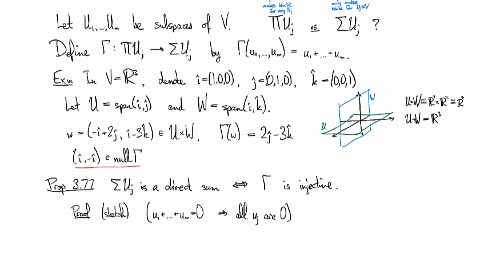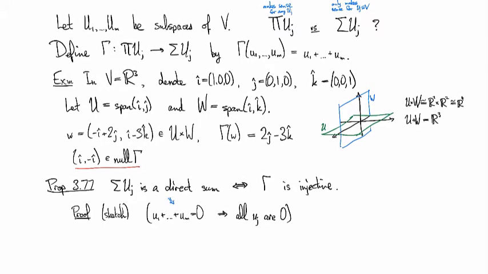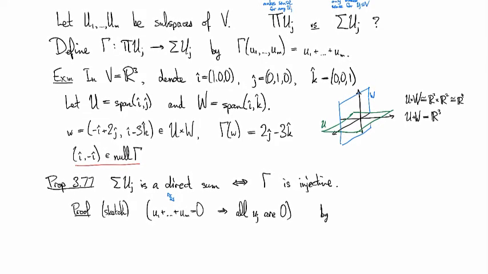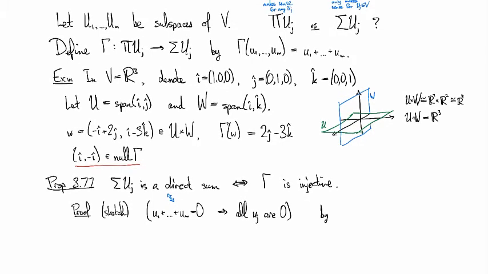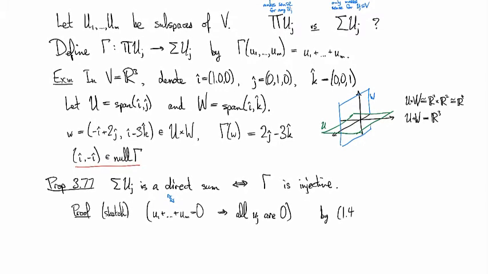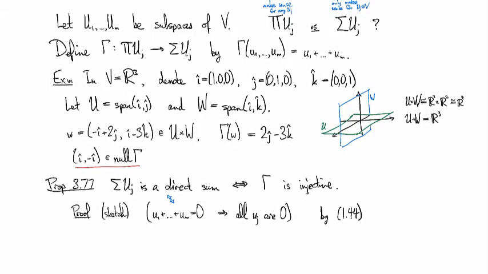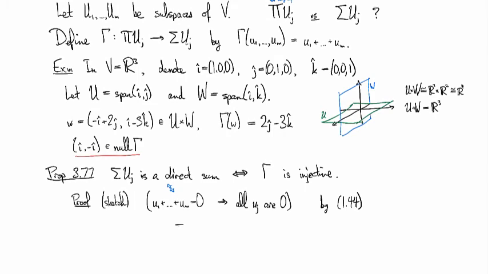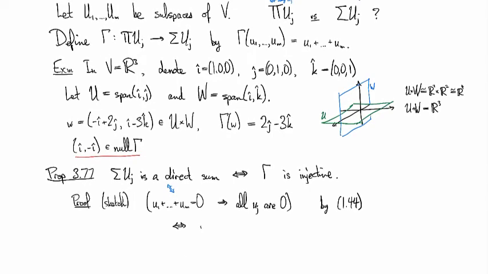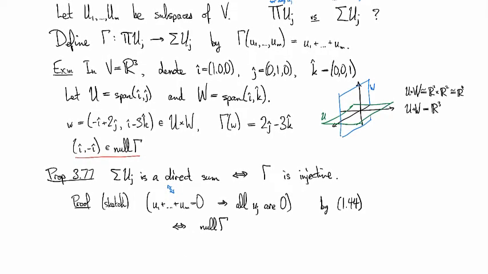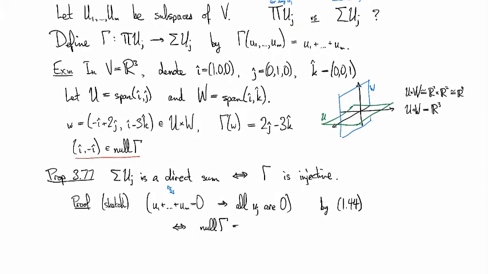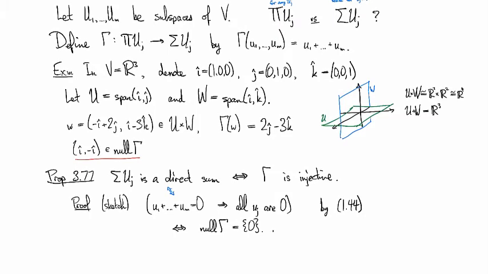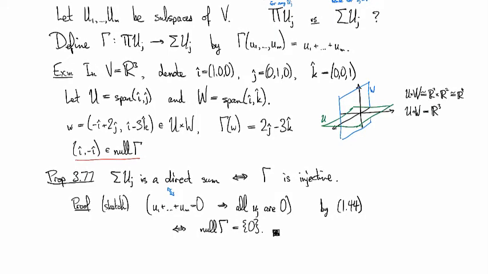So this is an equivalent condition for the sum being direct, and that's by which proposition was that? 1.44. And then this condition is actually equivalent to the null space of gamma being trivial, right? So that's the idea of the proof here.